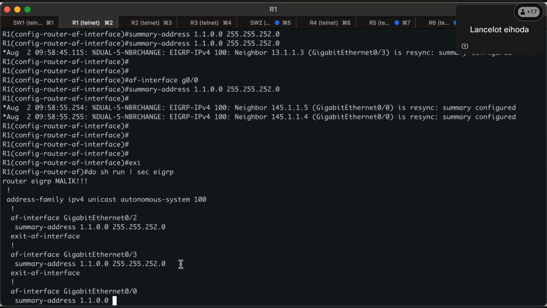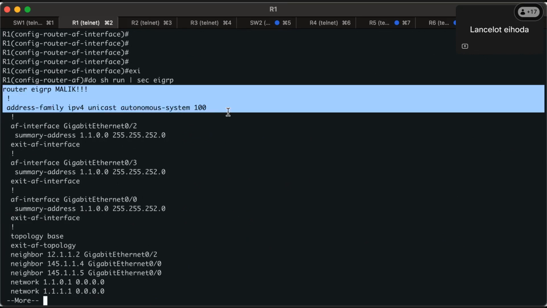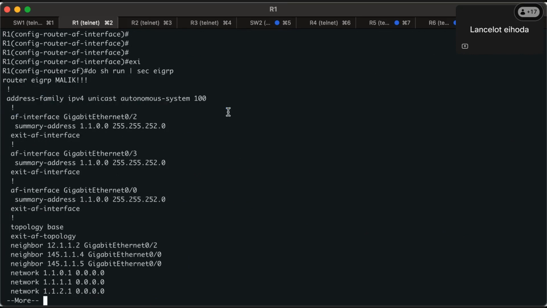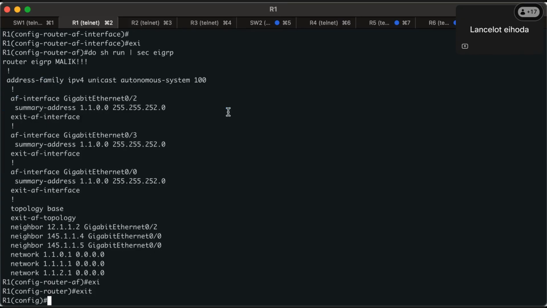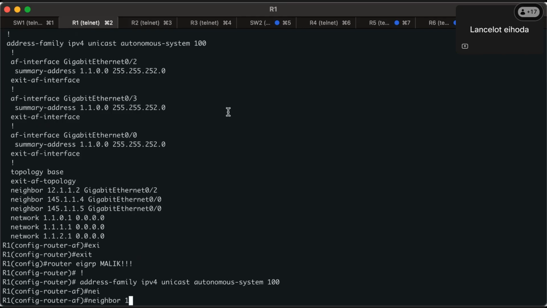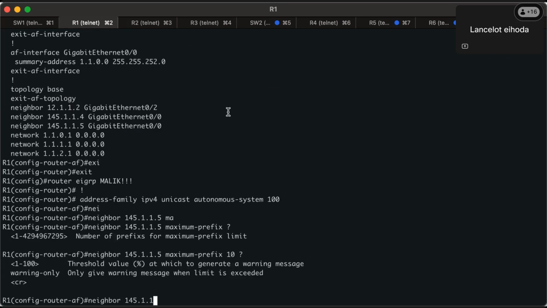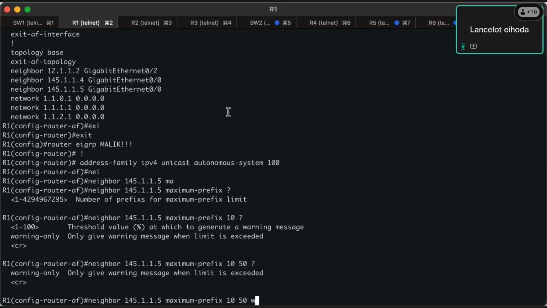I think this is it. So we just tell it that for this particular neighbor, the maximum prefixes it should receive, the number is 10, and then when it gets to 50%, it should give us a warning only.